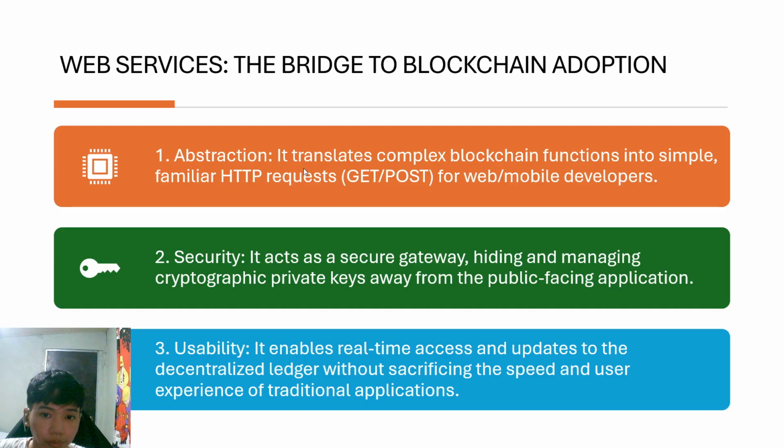Number two is usability, the transaction formatting. It enables real time access and updates to the decentralized ledger without sacrificing the speed and user experience of traditional applications. It also translates complex blockchain functions into simple, familiar HTTP requests like GET or POST for web or mobile developers.